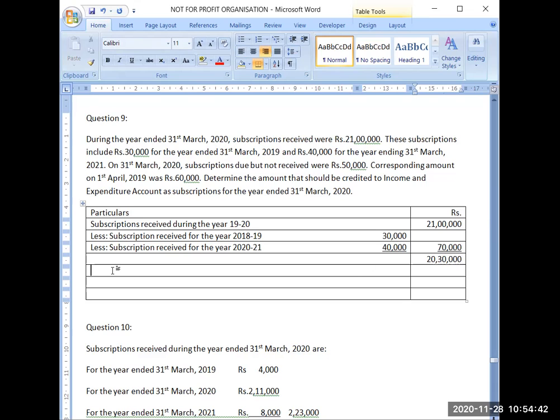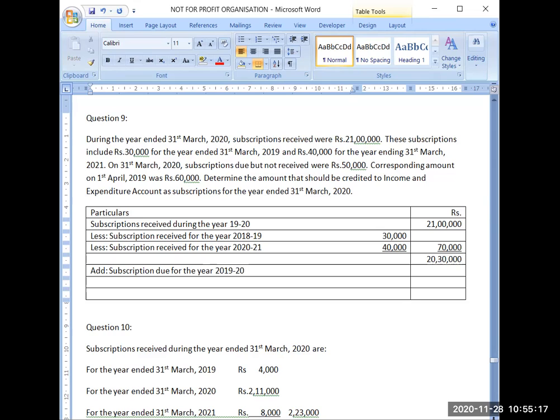Now we have to add the subscription due for the current year, or we should write subscription outstanding for the year 2019-20.